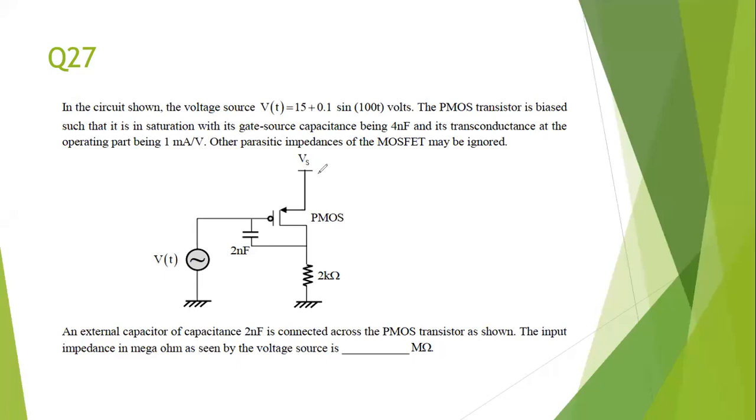In the circuit shown, the voltage Vt equals 15 sine 100t. Okay, so omega is what? 100. This is your 0.1 volt maximum voltage.